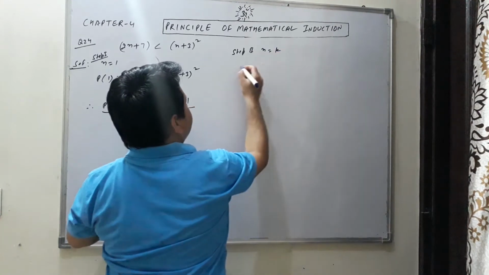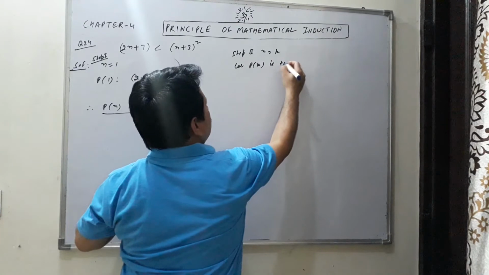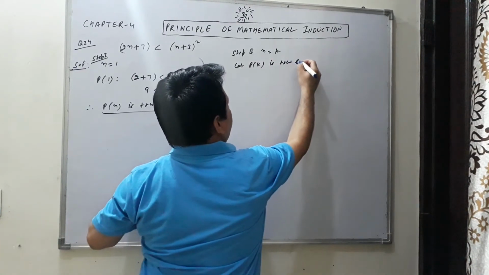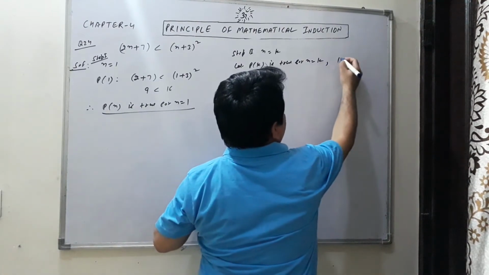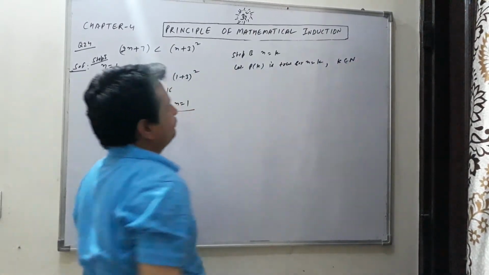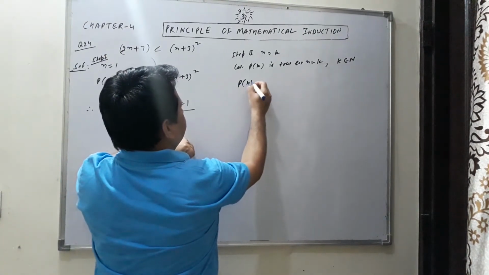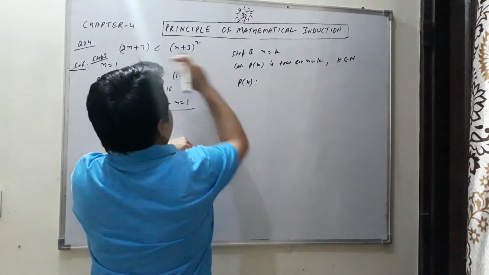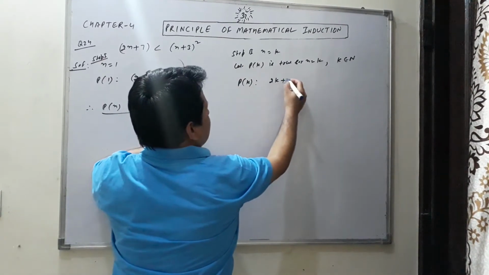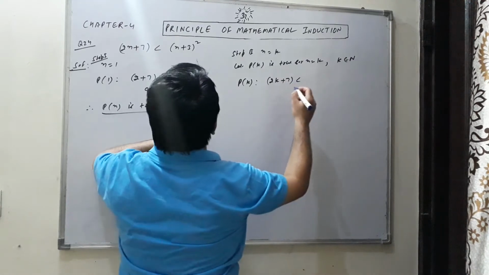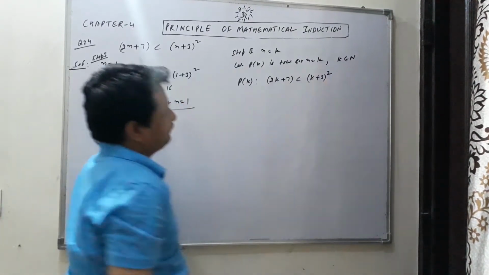n is equal to k. Let P of k be true for n equal to k, where we can say that k belongs to the natural numbers. So what we can say, students, we can write it as P of k, that is 2k plus 7 is less than k plus 3 whole square.